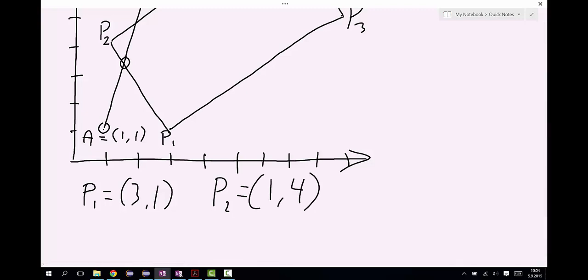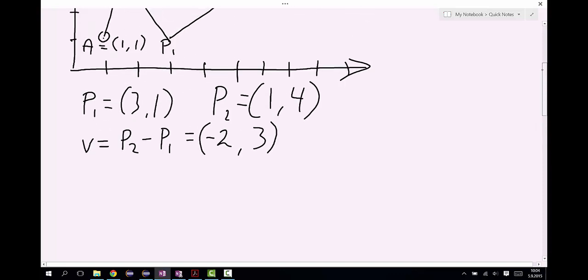So a vector between them, let's just call that V. Say the vector V equals P2 minus P1. So that'll be 1 minus 3, which is minus 2, and 4 minus 1, 3. So this is the vector V.